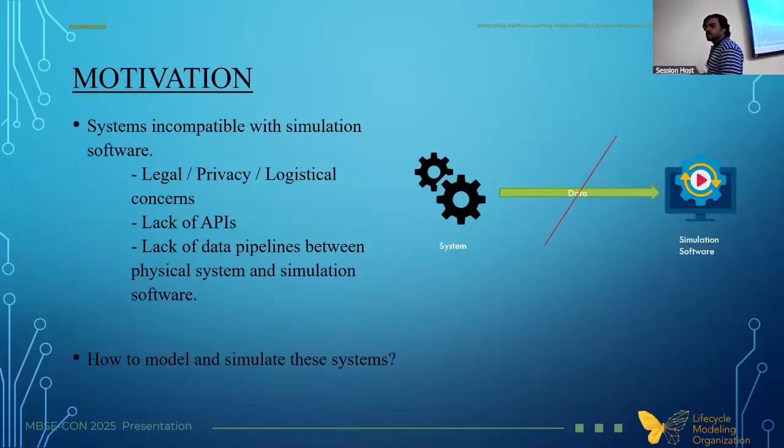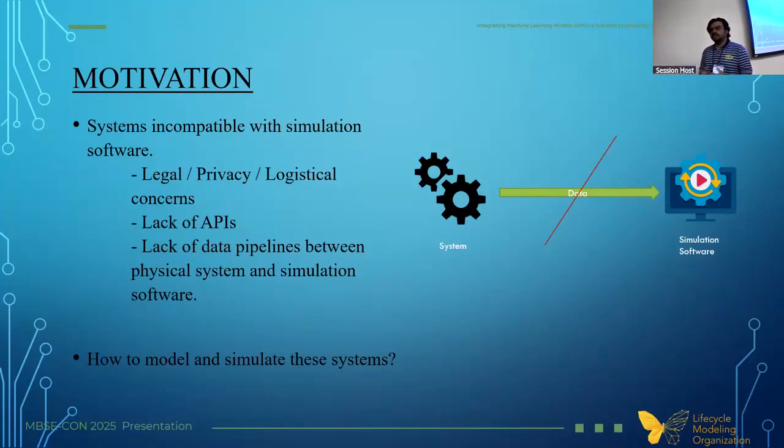So the problem that I had was that I encountered a couple of systems that were incompatible with some simulation software. We couldn't exactly connect these systems to simulation software such as Magic System or Systems Architect, which are some of the primary tools that we use. We had real difficulty having these real-life systems connect to simulation software for real-time data simulation.